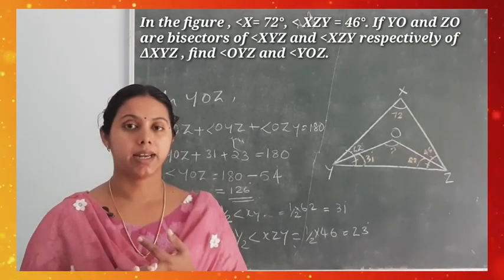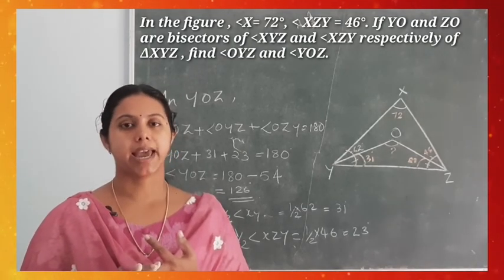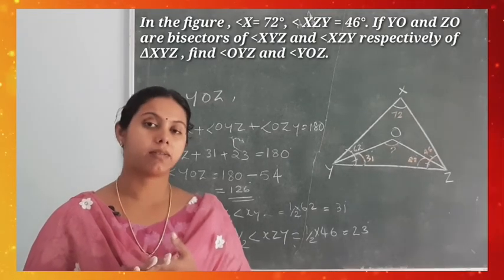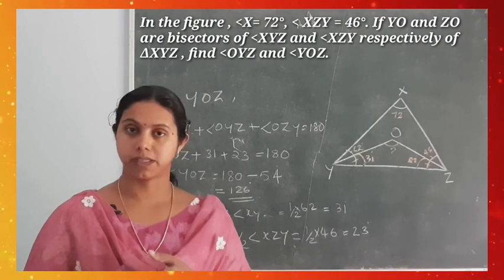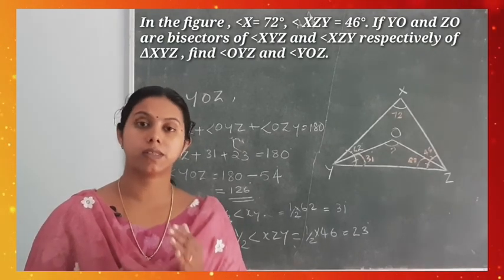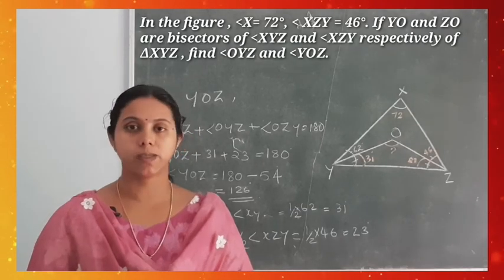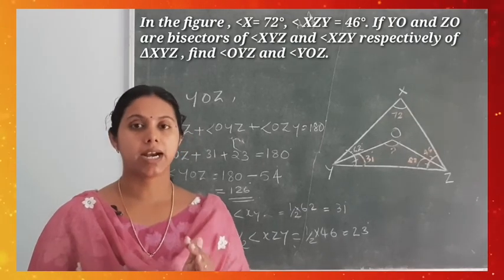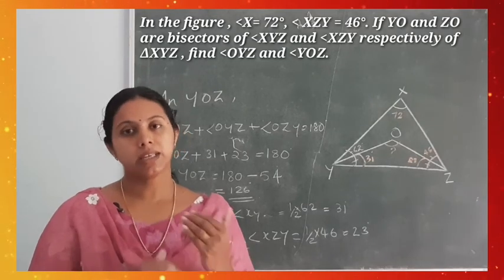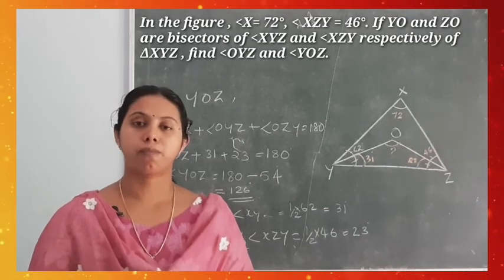Then we studied the corresponding angles axiom and its converse also. Then we have seen a lot of theorems, Theorem 6.2, 6.3 and so on up to Theorem 6.8. So you should study all these theorems thoroughly, and using these theorems we solve a lot of problems.